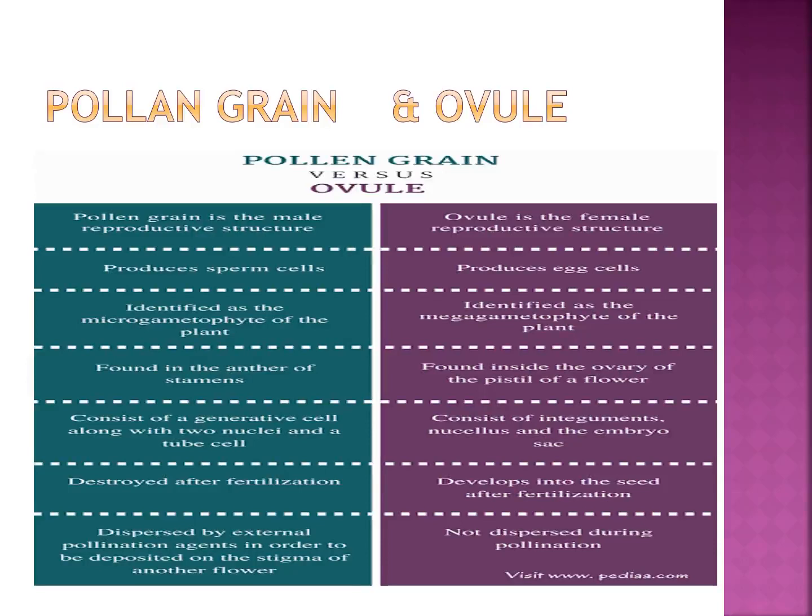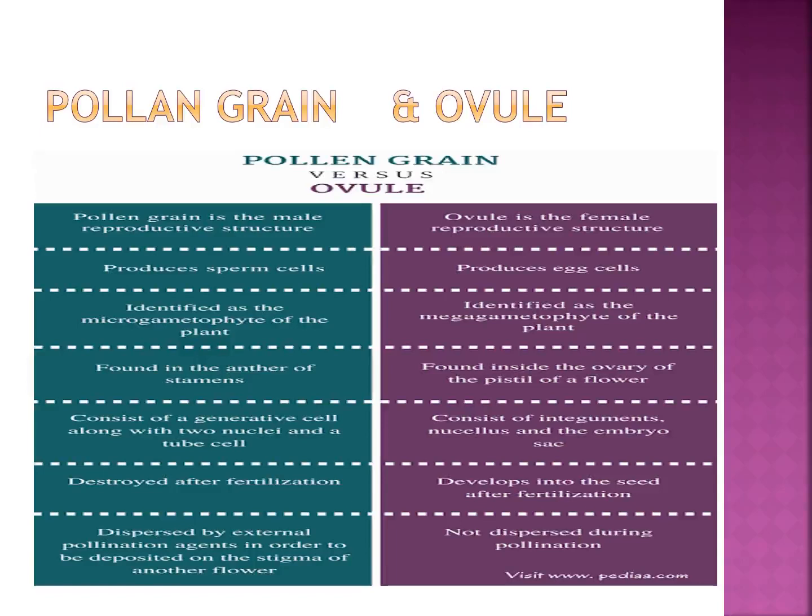The microgametophyte is a small structure, and mega means big size gametophyte. The pollen grain is found in the anther of stamens and the ovule is found inside the ovary of the pistil of a flower.